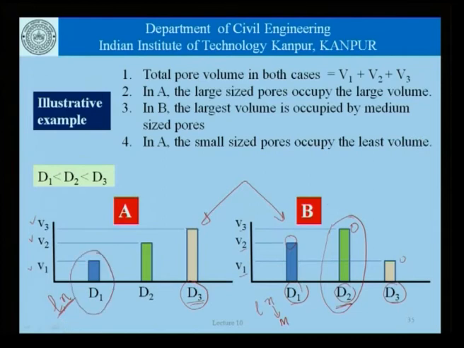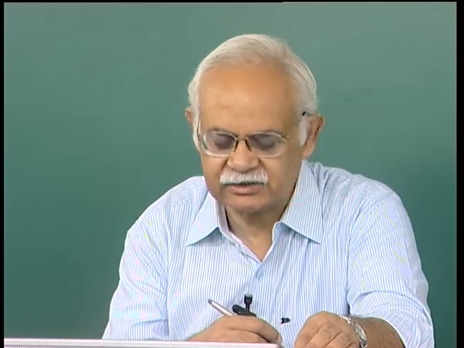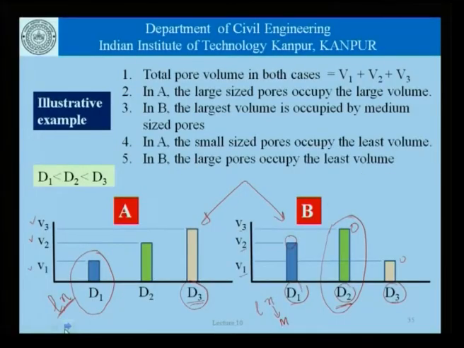That is, the relative contribution of the small pores as far as A is concerned is the least. Compared to that, in B, the large sized pores occupy the least volume. So, we can make any such statement.